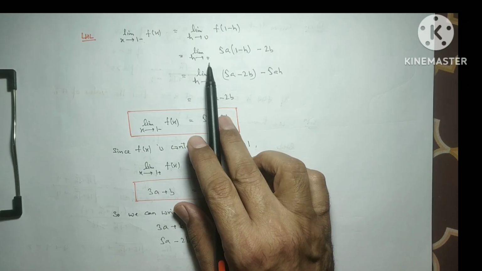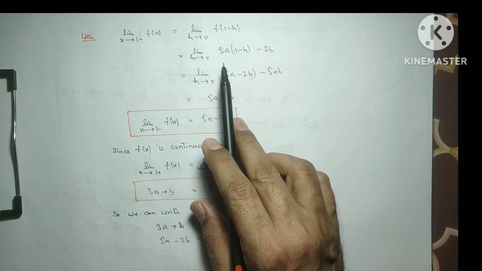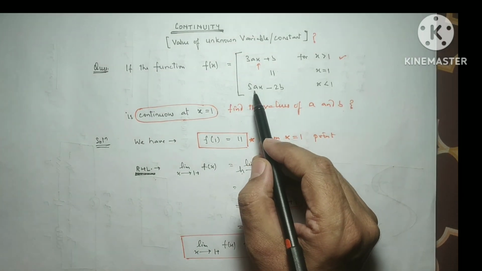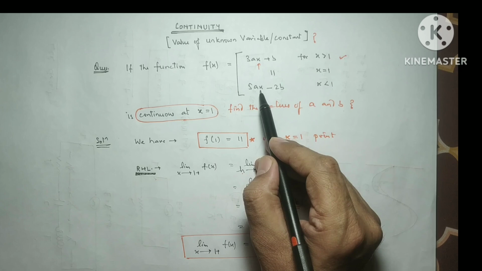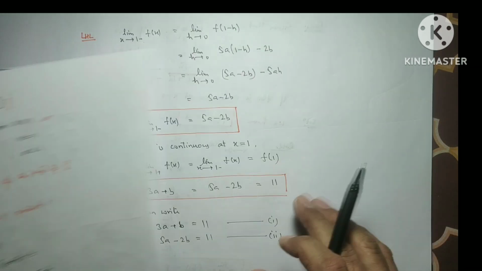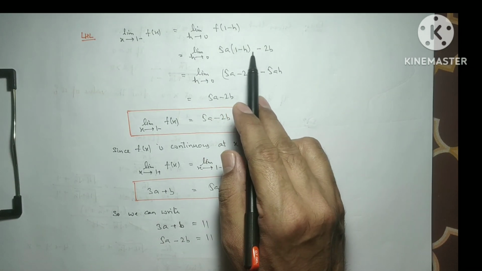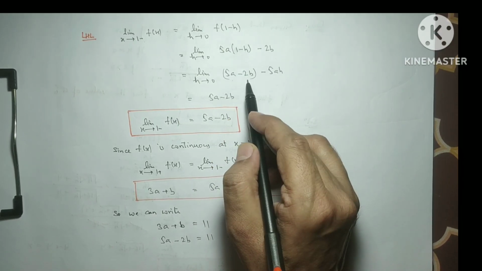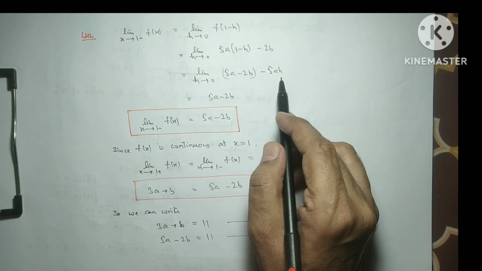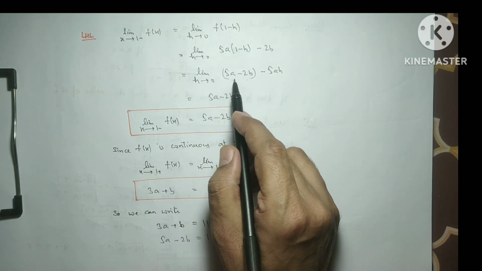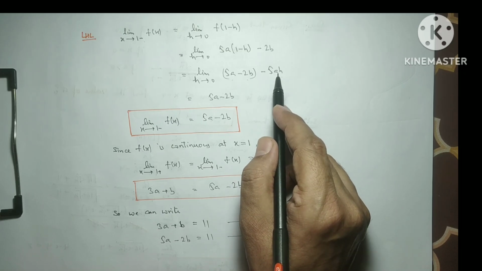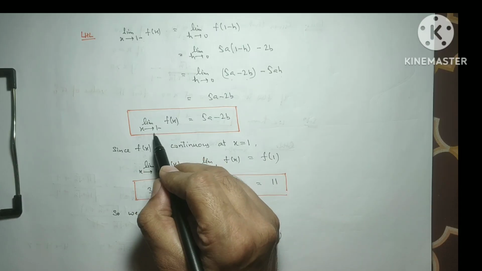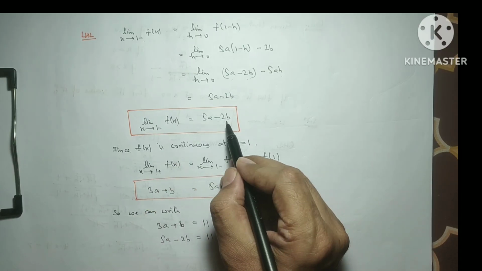Right now we will use the definition where x is less than 1, that is this one. So it is 5ax minus 2b. So we place x as 1 minus h. So it is 5a into (1 minus h) minus 2b, where this is 5a minus 2b and this is 5ah with negative sign. When we apply this limit in this expression, that term will be 0, and we have 5a minus 2b. So the left hand limit of the function is 5a minus 2b.